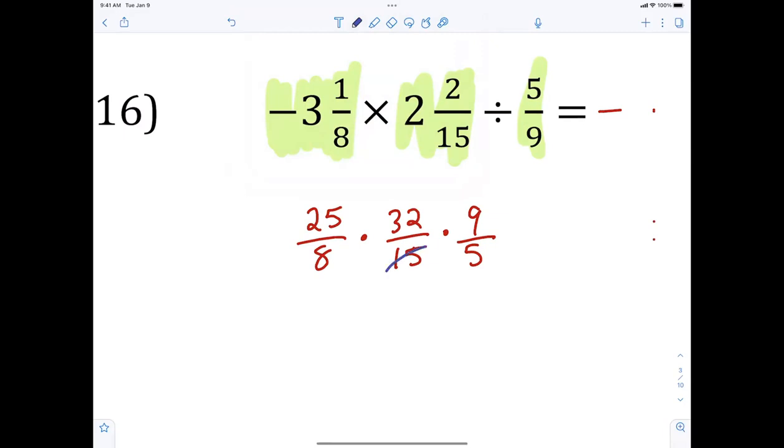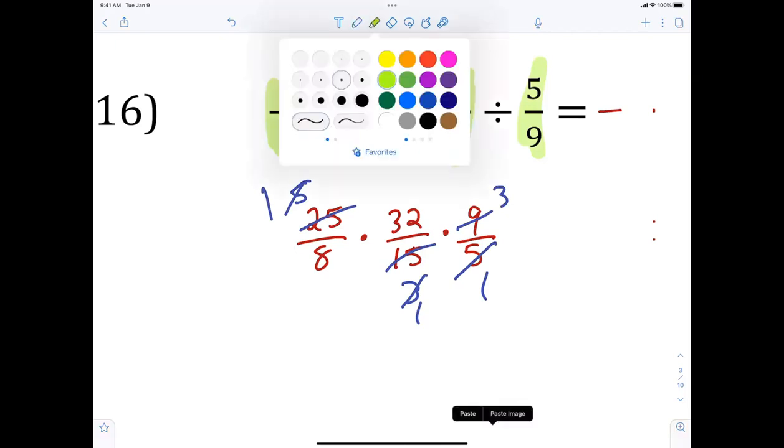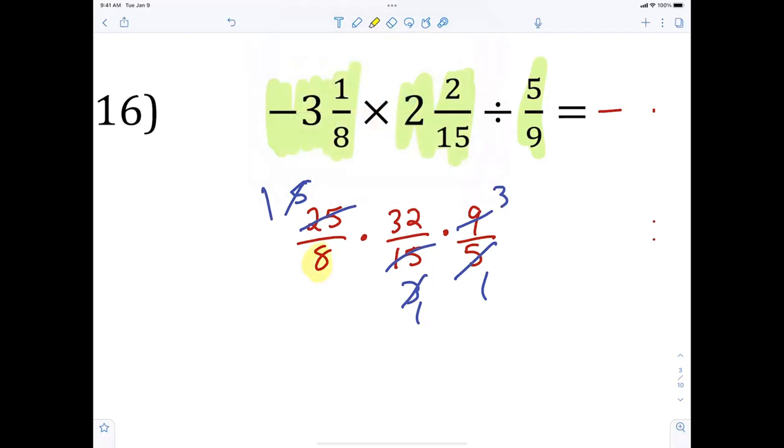Good. Okay. Good job so far. Very nice work so far. Well, what other numbers do I see? 8 and 32, right?